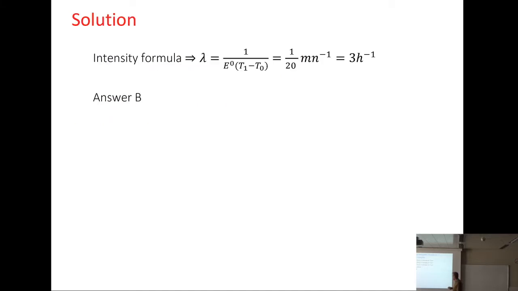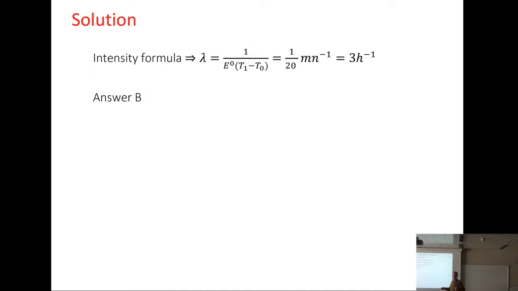And the correct answer is B, at least if we accept the formalism we've seen a minute ago. The average time between events is the expectation of this uniform distribution, which is 20 minutes. So in hours, it's 1 over 3. So the intensity is 1 over 1 over 3, which is 3.